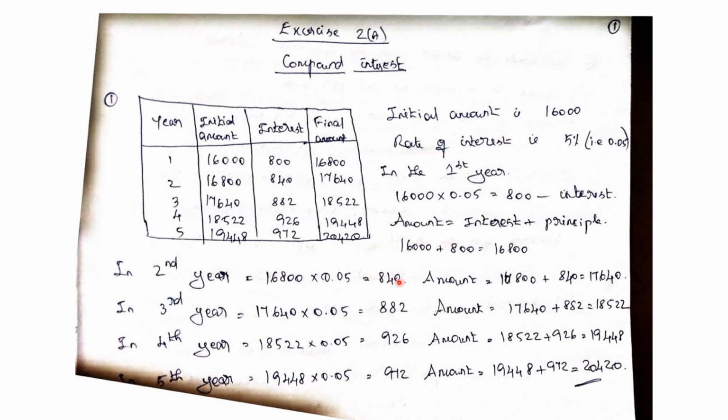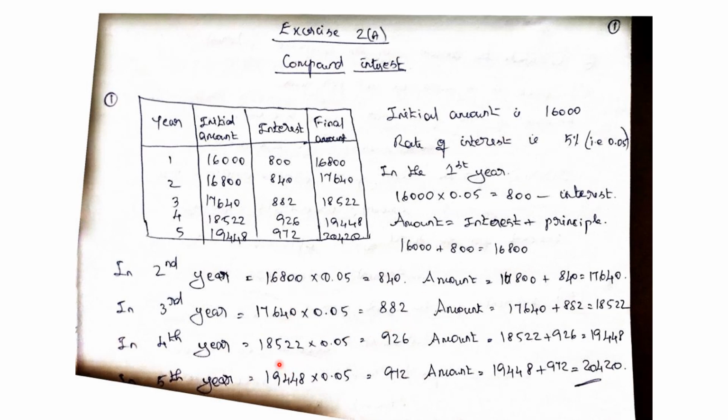Again, this 840 will be added to this principal amount, 16,800 plus 840. We'll get 17,640, into 0.05. So again we'll get 882. That 882, that is the compound interest, will get added to this 17,640.